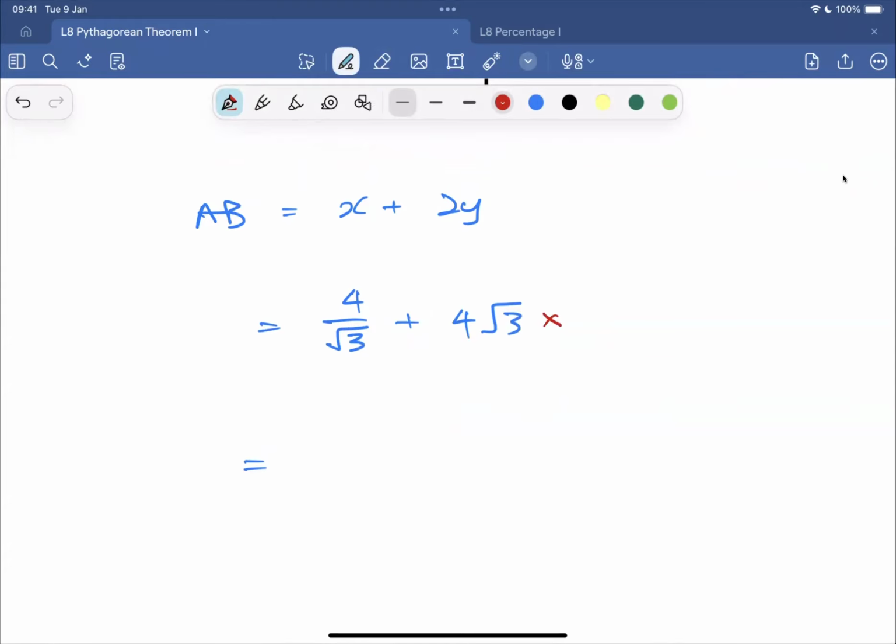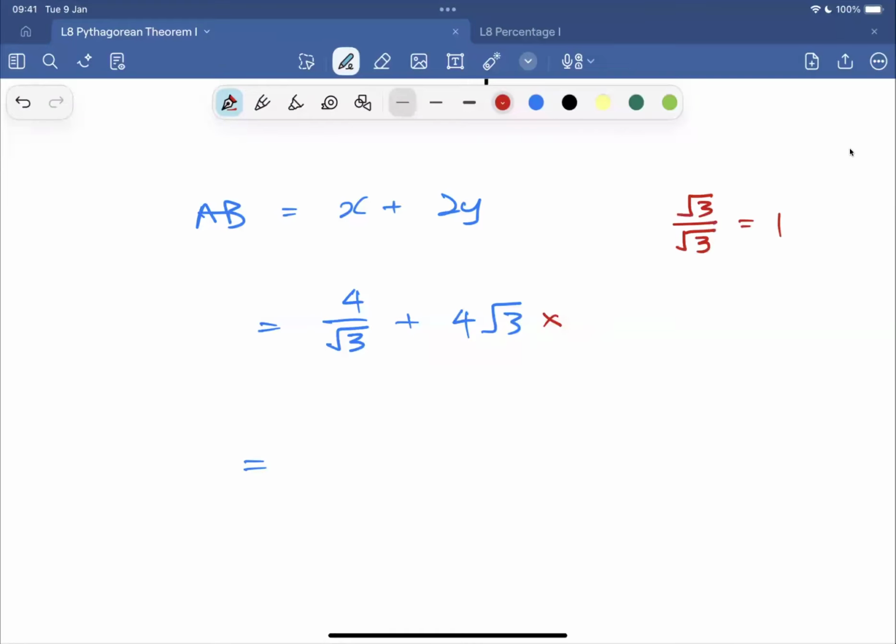Leandra. Hey, Leandra. If I take 4 root 3 times 1, what do I get? It's the same thing. Anything multiplied by 1 gives you the same thing, right? So for the 4 over root 3 first, what is square root 3 divided by square root 3? 1.